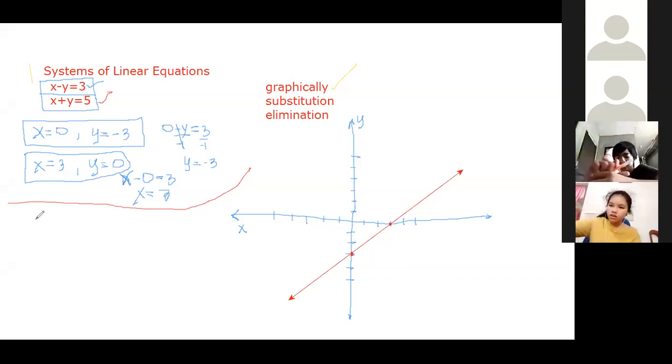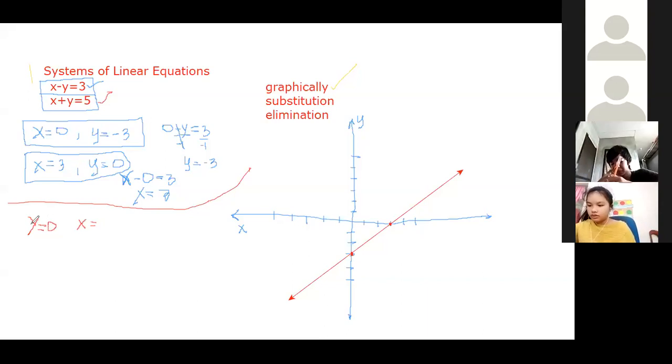So if you try to find the x-intercept, you must equate y to 0. So si y, equate natin to 0. So if y is equal to 0, you will now solve for x. Solve natin si x.